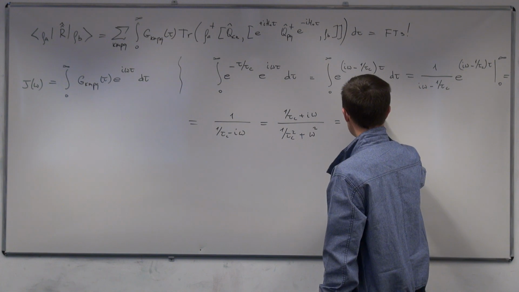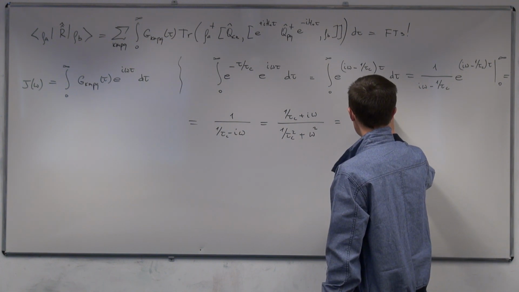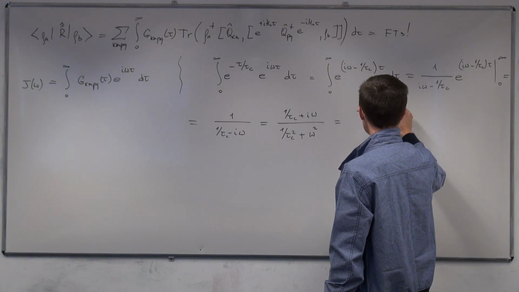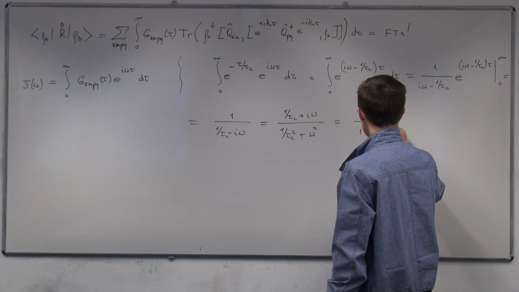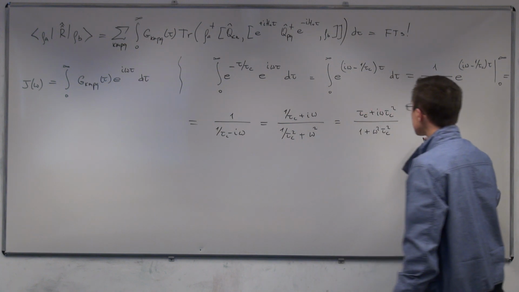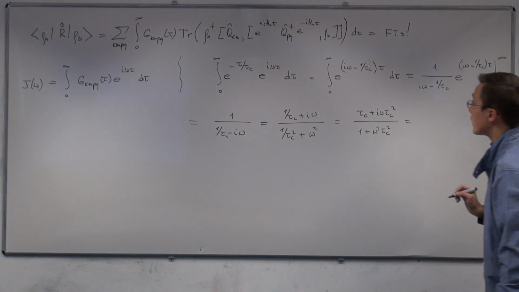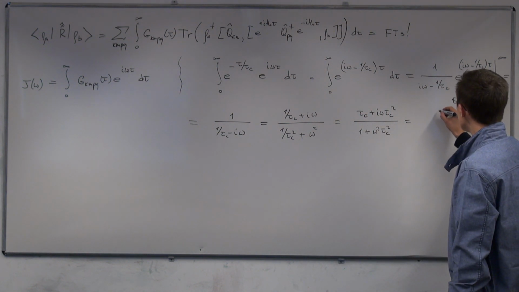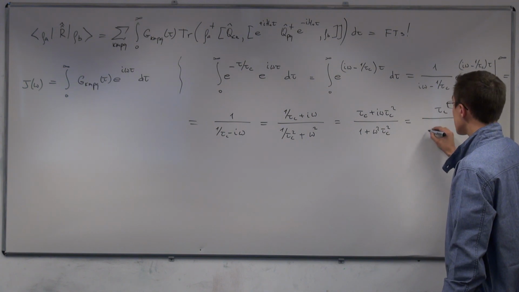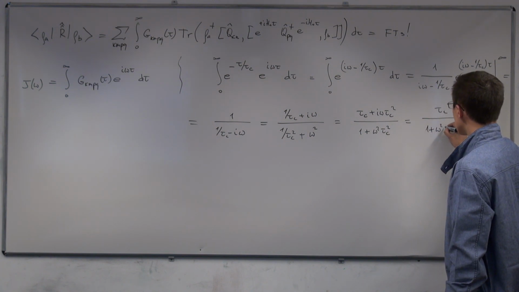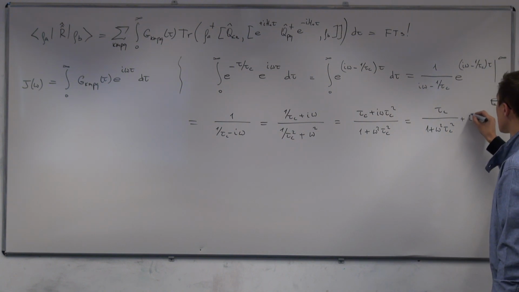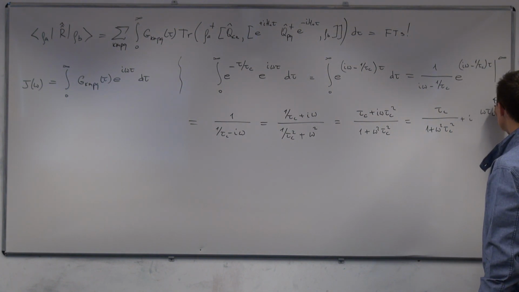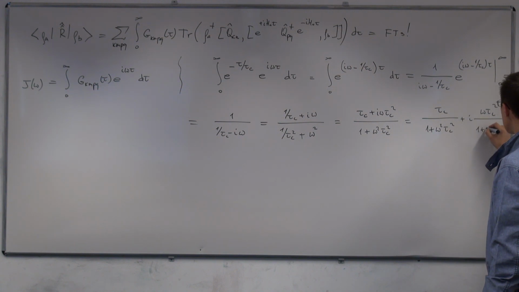That will make it (tau_c + i omega tau_c squared) over (1 plus omega squared tau_c squared). And let's separate the real and the imaginary part. The real part would be tau_c over (1 plus omega squared tau_c squared), and the imaginary part plus i omega tau_c squared over (1 plus omega squared tau_c squared).